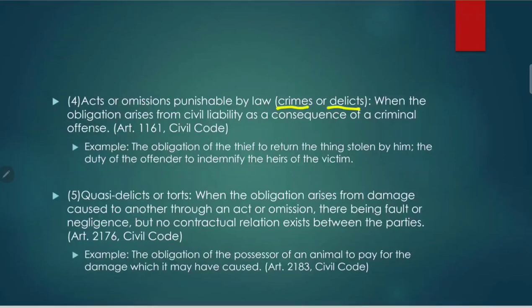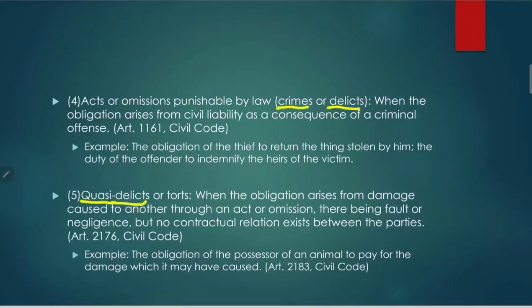Next is quasi-delicts or torts. Another quasi-delict. Delict is a crime, so this is, pwede natin siyang i-describe as semi-crime. Parang ganun yung dating. It resembles a crime. Parang ganun.